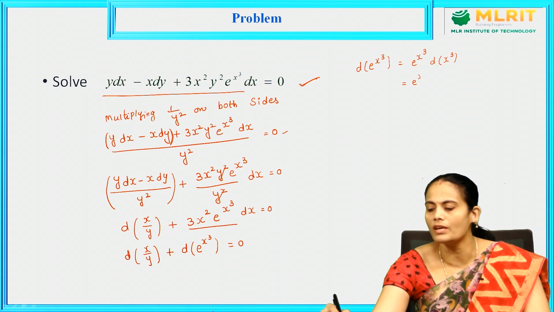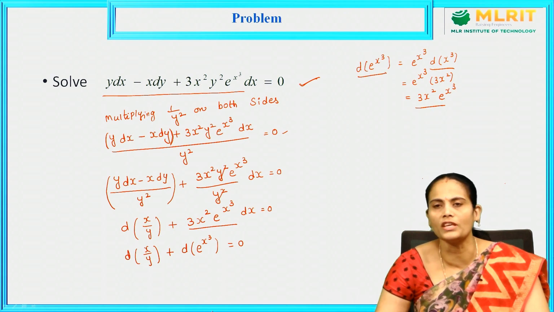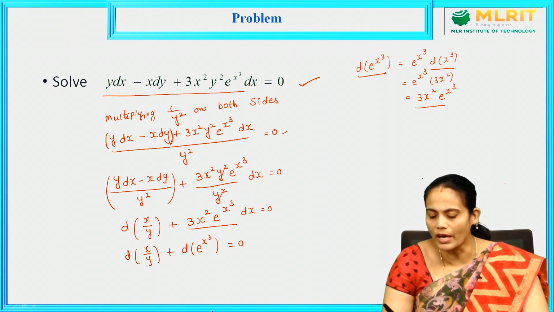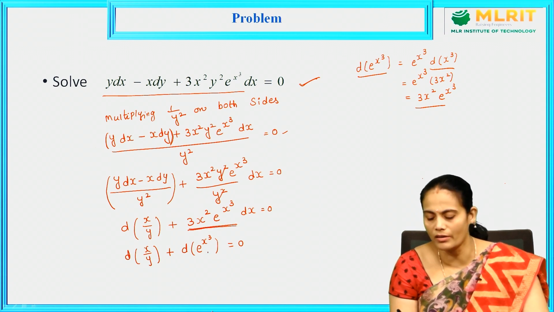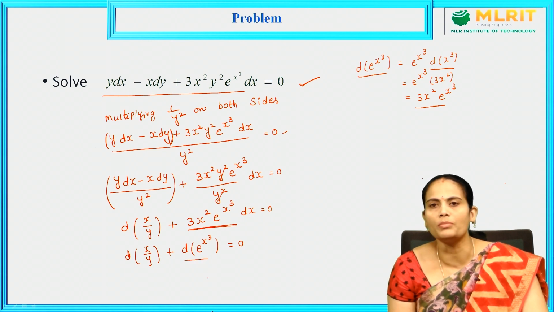So e power x cube into the derivative of x cube, which is nothing but 3x square. So this is equal to 3x square into e power x cube, the derivative of e power x cube. So instead of 3x square e power x cube into dx, we can write the derivative of e power x cube is equal to 0.